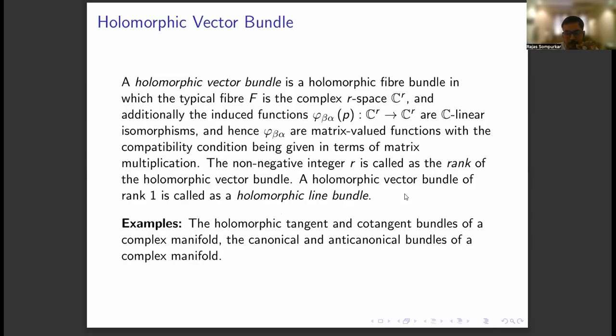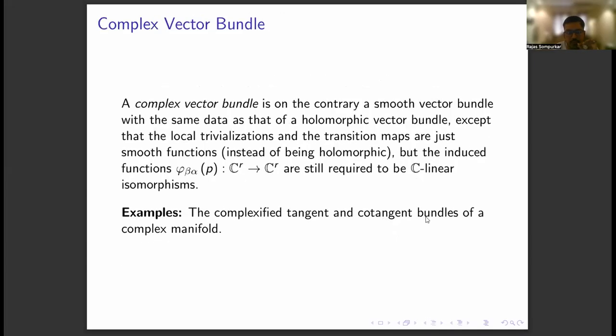So then these dz_i generate the holomorphic cotangent bundle, and d\bar{z}_i generate the anti-holomorphic cotangent bundle. So we have these holomorphic tangent and cotangent bundles, and similarly we have the complexified tangent and cotangent bundles.